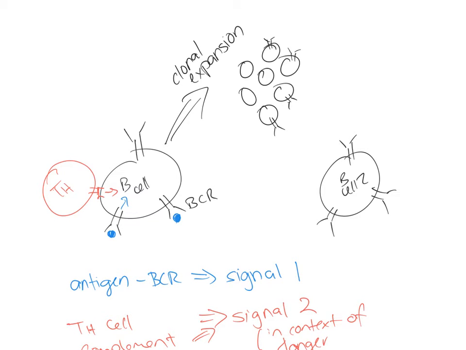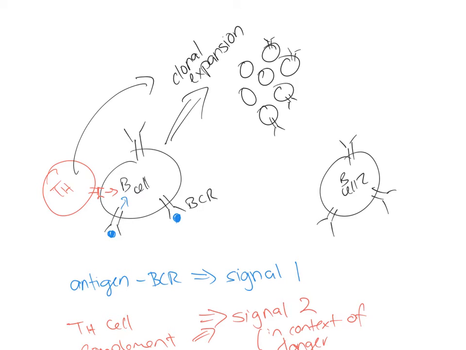And this clonal expansion is partly stimulated by cytokines coming from these T helper cells. So the T helper cells do play an important role in activating B cells. They provide the co-stimulatory signal and they provide cytokine-induced proliferation.